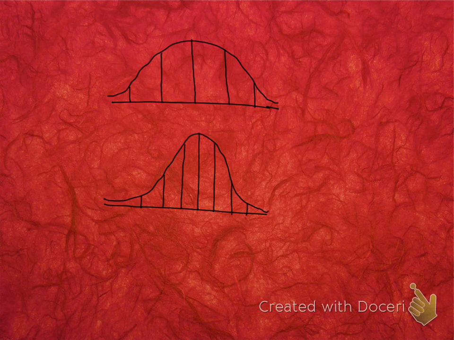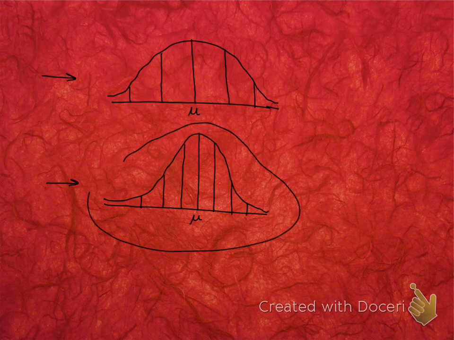What's important to realize is that if the information used for both these curves is coming from the same set of data, the mean is going to be the same. So the mean is the same and the standard deviation for the bottom curve here is smaller.